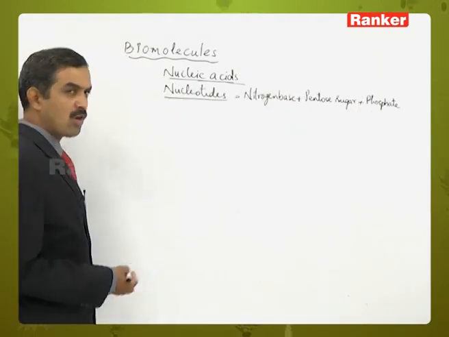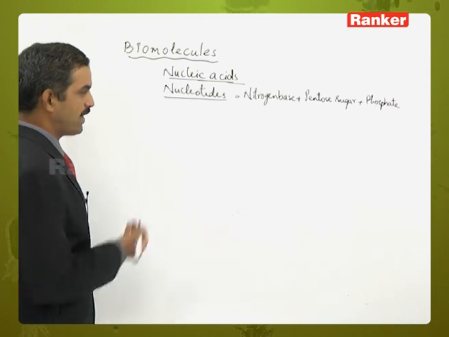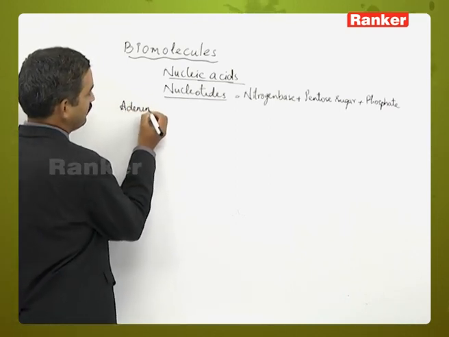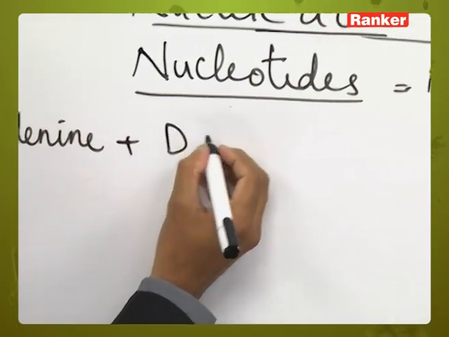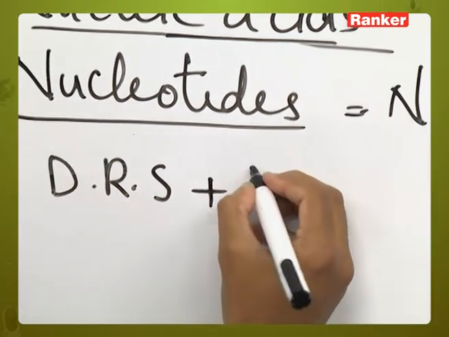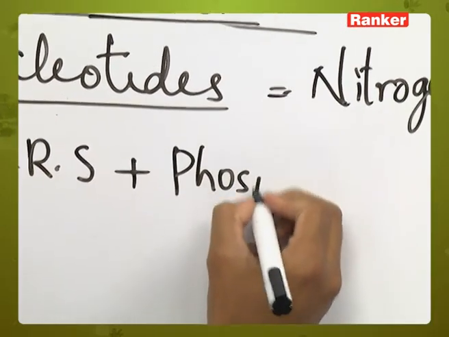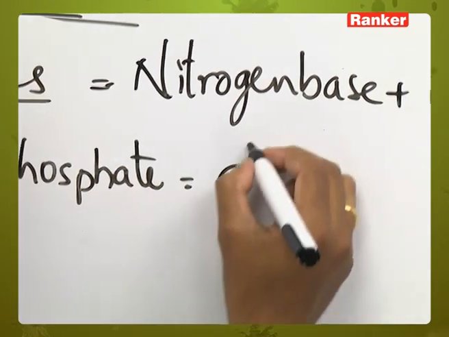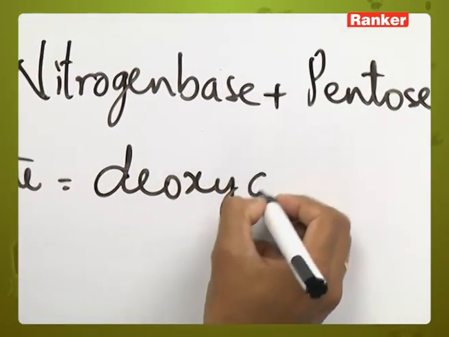Here if you see the combination of which type of pentose sugars are present, first one adenine plus deoxyribose sugar plus one phosphate. It forms deoxyadenylic acid.